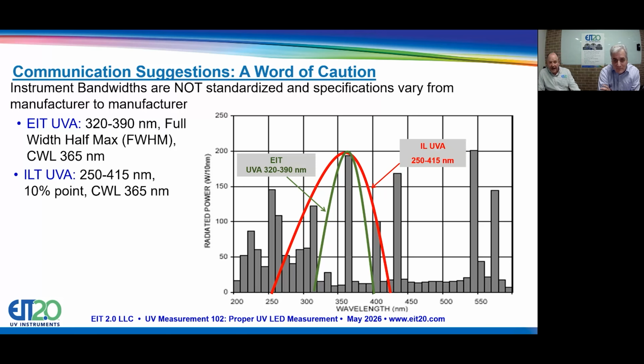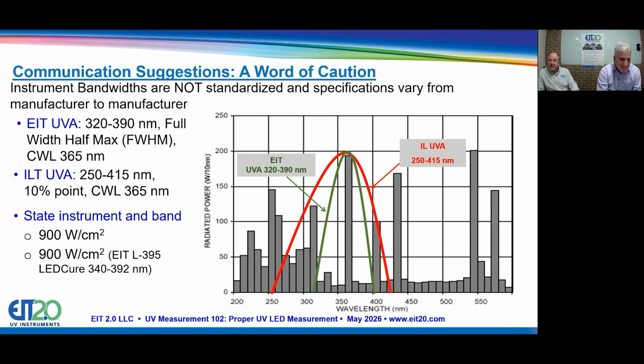They also classify differently. We use a full width half max, or 50% power point. The competitor uses a 10%. Perfectly fine, but you have to understand how that is established. So if you say you only have 900 watts per square centimeter, you may want to specify what instrument was used in order to get that number, so you're communicating in the same language.